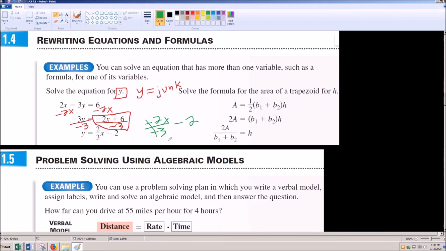So my final answer could also look like 2x over 3 minus 2. Now if you write your answer like 2x in the numerator and then 3 in the denominator versus 2/3 times x and the x is kind of off to the side, that's totally acceptable. Both of these mean the exact same thing.